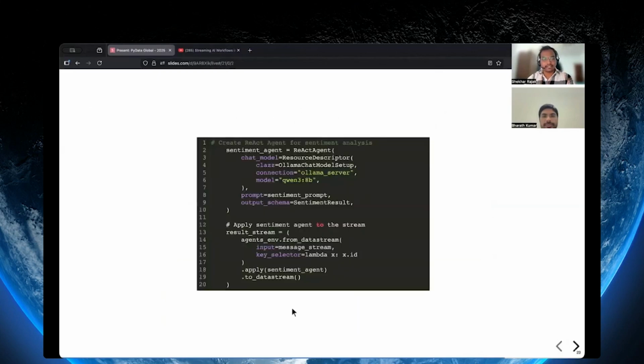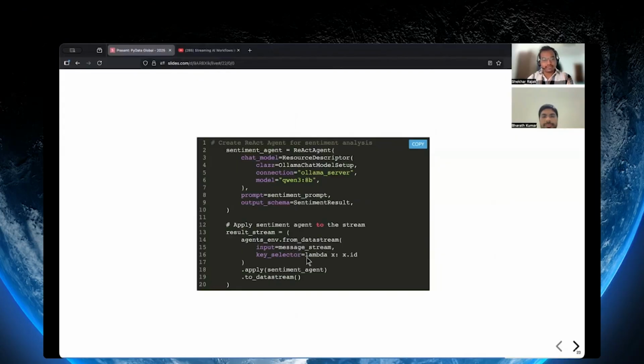There will be a ReAct agent, as I mentioned previously, which has the resource descriptor, the chat model details, and the prompt. In this example, this is a sentiment prompt and output schema, which defines how we would like to output to the console. Or if you want to send back to Kafka, there will be a Kafka sink.